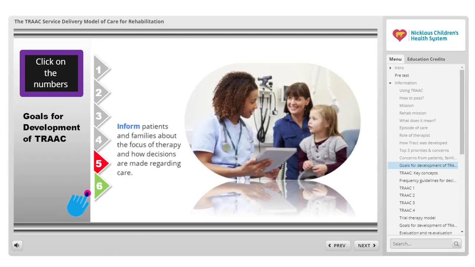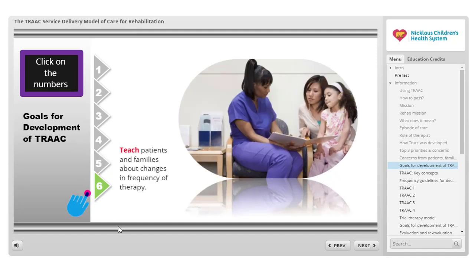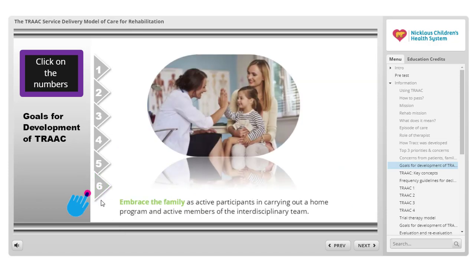Informing patients and families about the focus of therapy and how decisions are made regarding care. Teaching patients and families about changes in frequency of therapy. Embracing the family as active participants in carrying out a home program and active member of the interdisciplinary team.